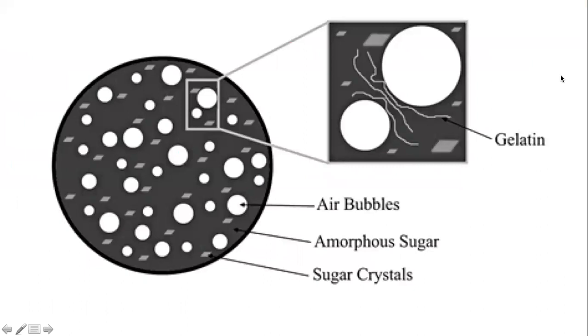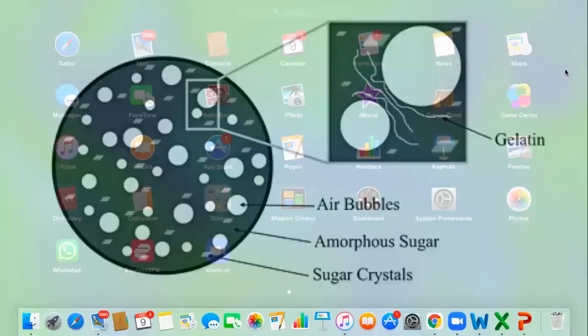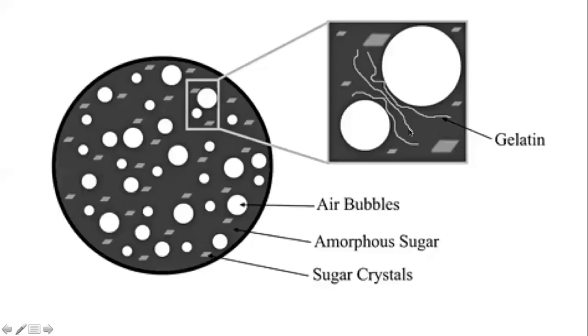In this picture, you can see air bubbles, amorphous sugar, and sugar crystals, right? And gelatin. What is the role of gelatin here?